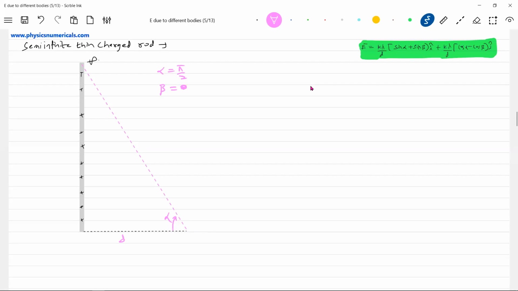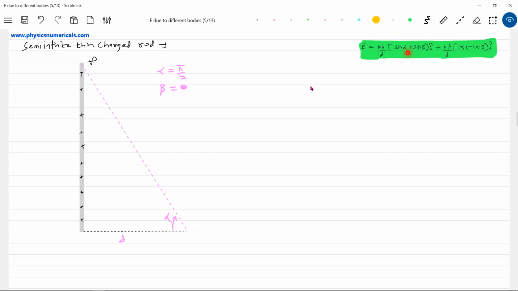Apply that formula. How to get the direction of field also. This formula will get everything for you.